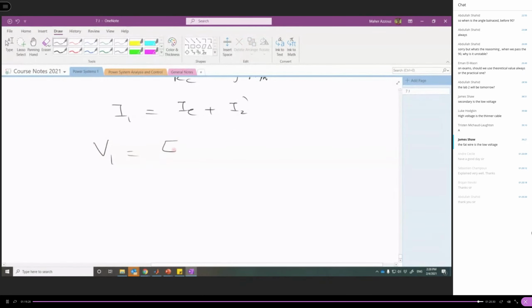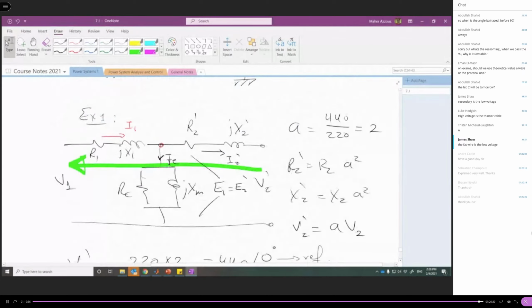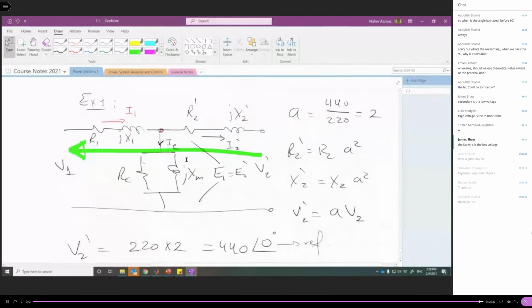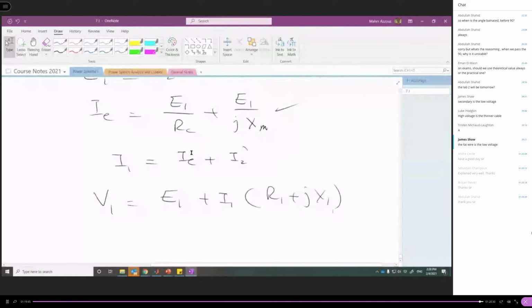So V1 is equal to E1 plus I1 times R1 plus JX1. Because here you got the voltage, if you add this voltage to the voltage drop across this impedance, you get V1. And this is how you solve this example.